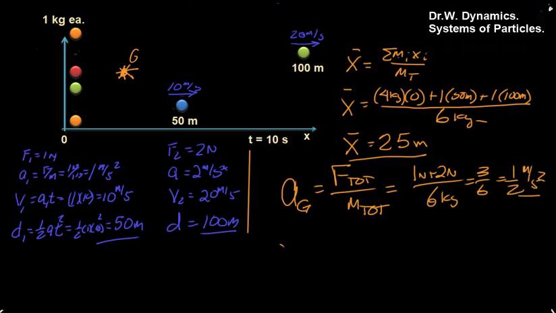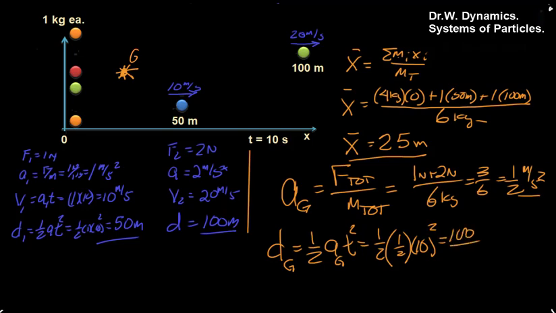And the distance that the center will have moved, 1/2 at squared, will be 1/2 times an acceleration of 1/2 times 10 seconds squared, 100 on 4. The center of the system should be located at 25 meters away, which it is. So we could track the center of the system instead of all the individual particles.